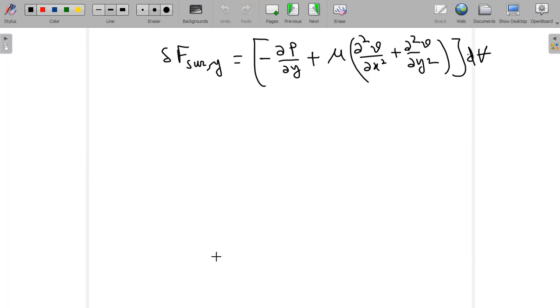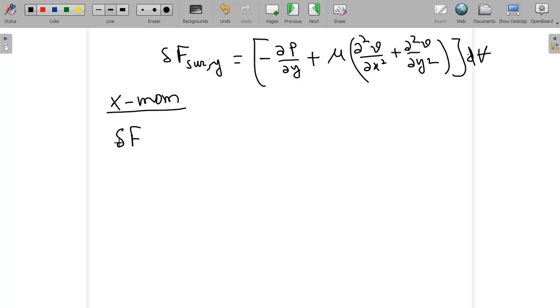Okay, so once you get the surface force and the body force, then you can definitely club these two terms. That means if you want to write this del f, what will be that quantity? Better you write in a scalar form. So let us write now the x momentum equation, that means the x component of all these terms.